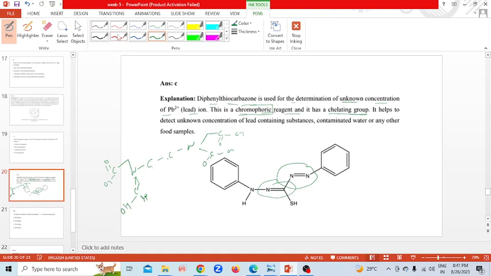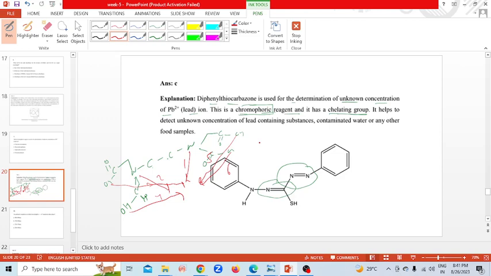It can make bonds from here, two are here, and it can also make bond from here, because when hydrogen is removed it will be O minus. So how many? 1 2 3 4 5 6. So EDTA is hexadentate. Hexadentate means it can make bonds by 6 donor atoms. So that's why it makes a chelating complex. It is known as a chelating group.